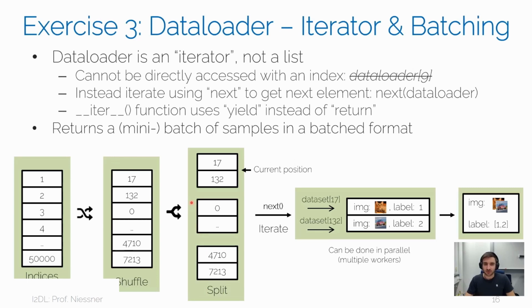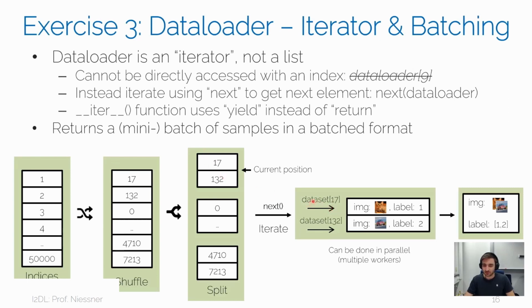Now what the data loader does is, if you call next, you have a pointer pointing to the current location in your data loader. And if you call next, the data loader will access the dataset class at these specific indices.